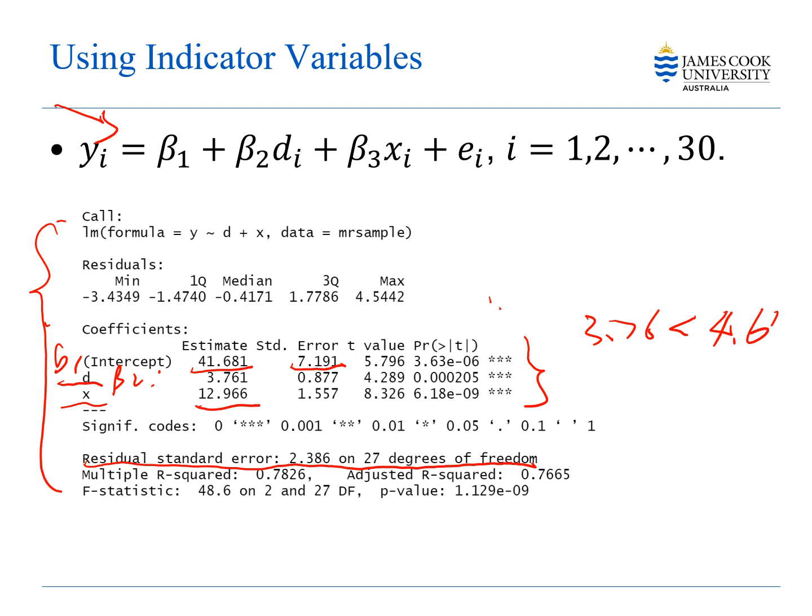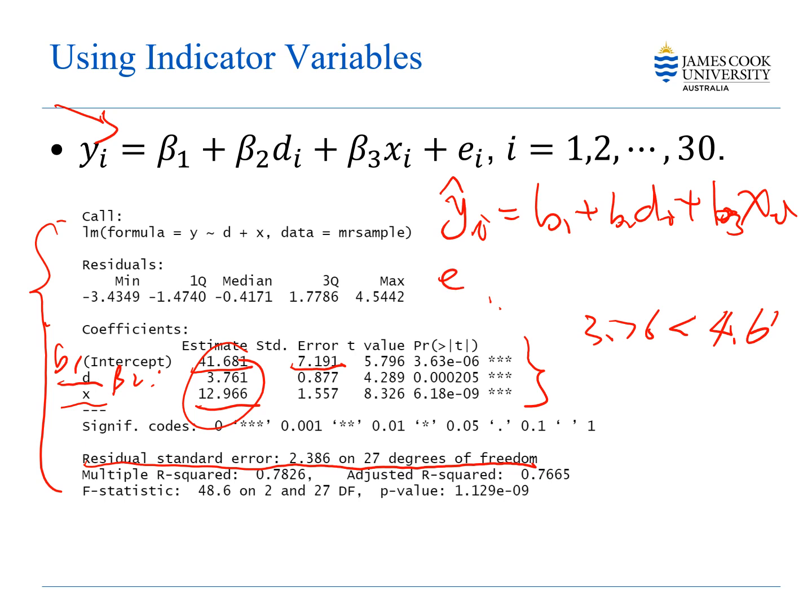So remember we have this estimate. So we can get a residual, we can predict this one, so it's beta 1, beta 2 Di plus beta 3 Xi.